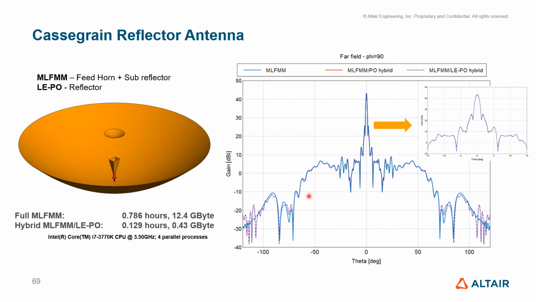All of them seem to agree quite nicely. You can see the difference in the memory requirement from 12.4 gigabytes for MLFMM to 0.43 gigabytes for the hybrid method. Now let's take a look at the hybrid method of moments and ray launching geometrical optics technique and its applications.